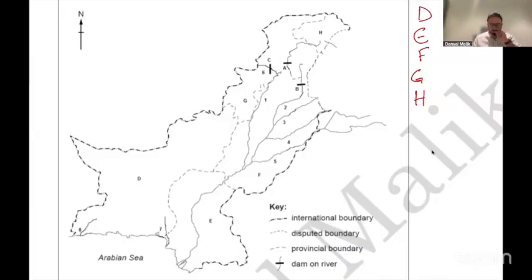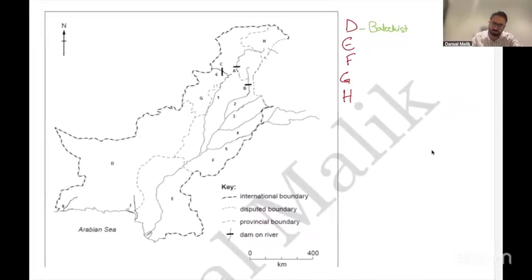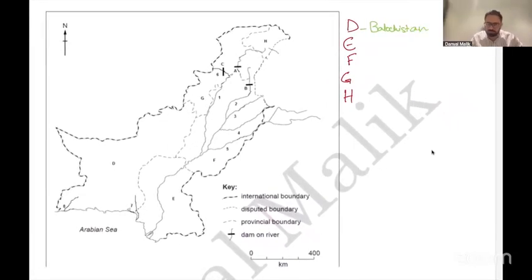Let's discuss the answer. Okay, so the answer will be: D is going to be Balochistan.